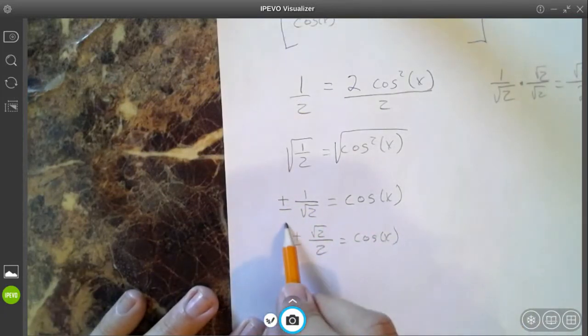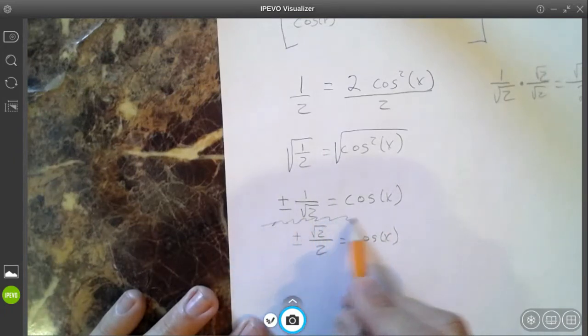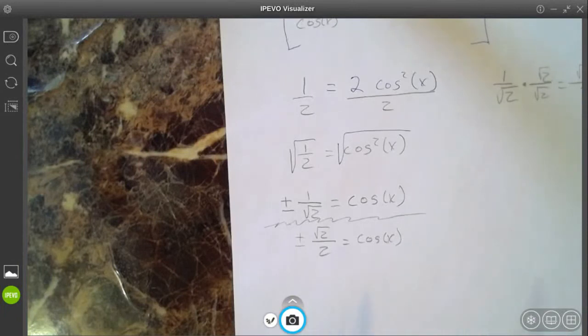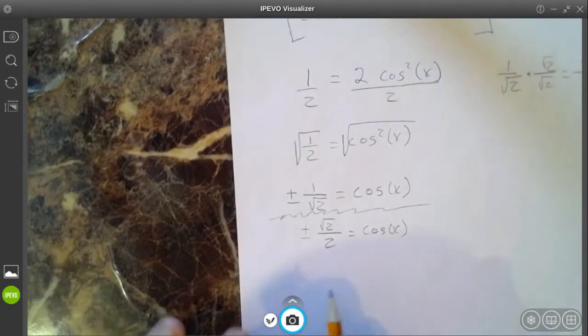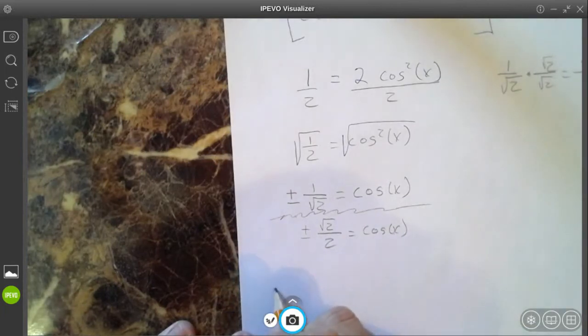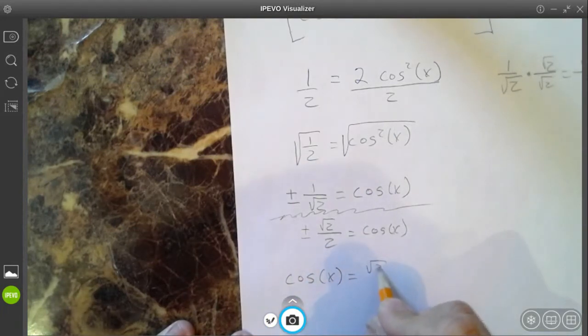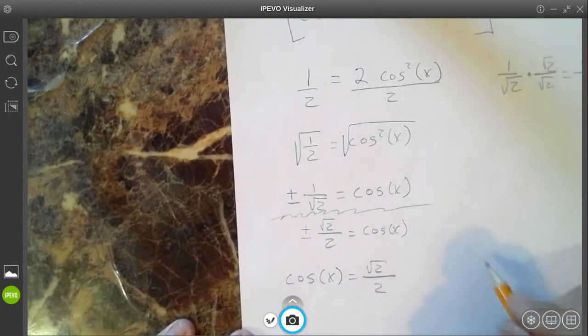This is the part that we're actually solving right here. Because there's a plus or minus version, we have two versions to solve. We'll solve cosine of x is equal to root 2 over 2, and we'll solve cosine of x is equal to negative root 2 over 2.